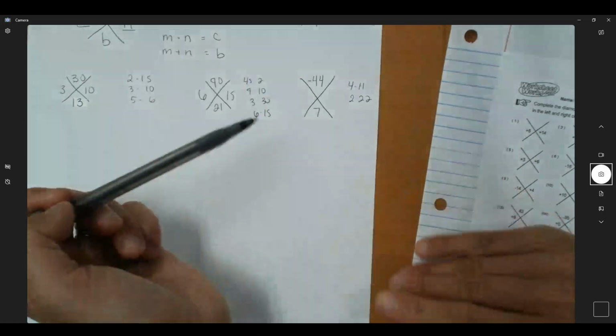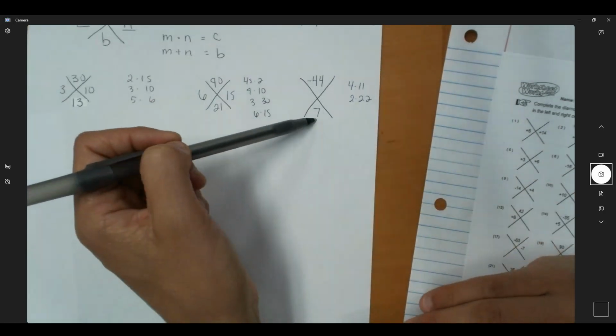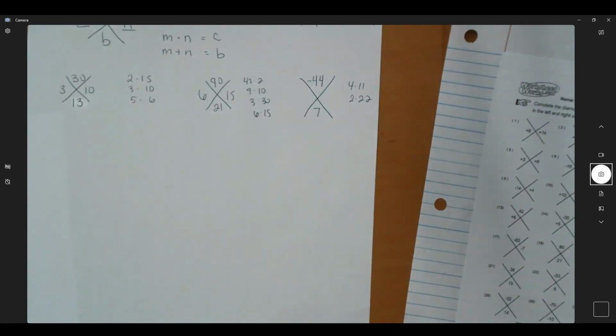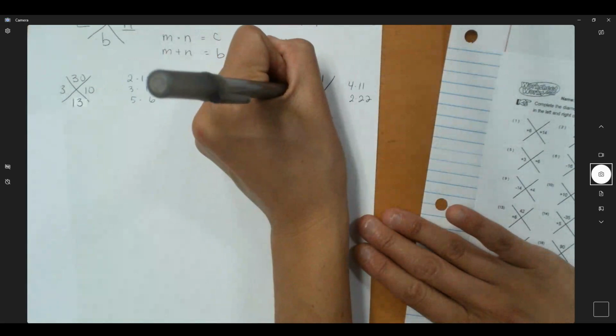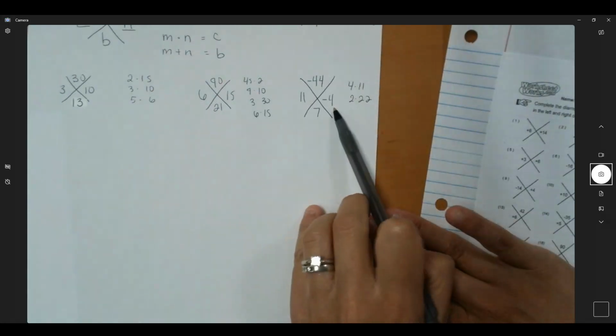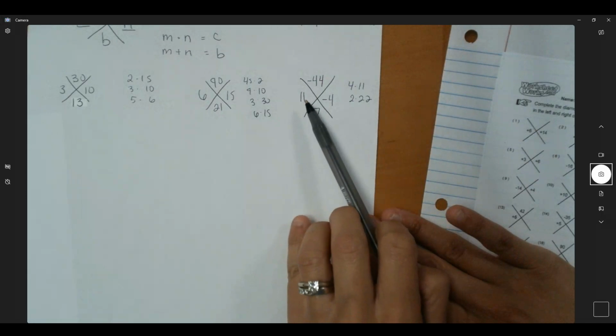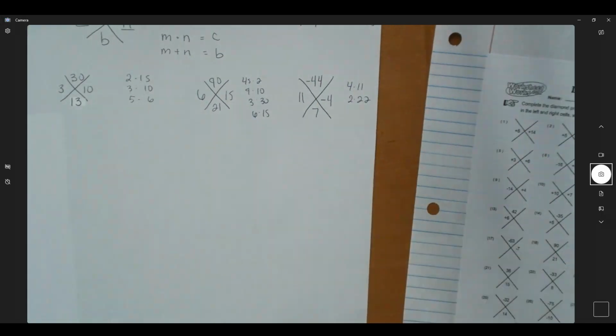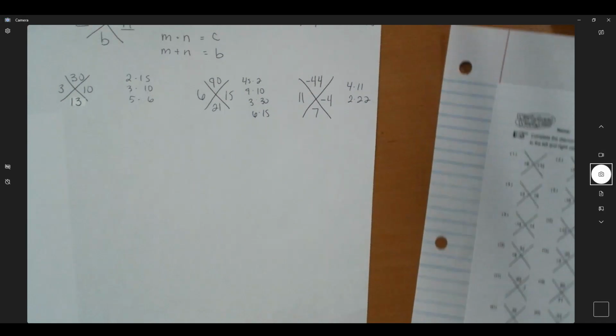So one of them has to be negative, but we also need a positive 7 there. So you could do the 4 and 11, and you could make the 4 negative. So positive 11 and a negative 4. So 11 times negative 4 gives you the negative 44, and 11 minus 4 is 7. So that works perfectly.